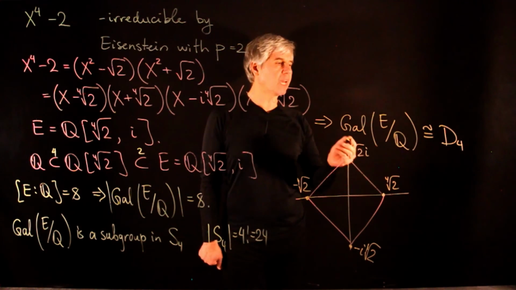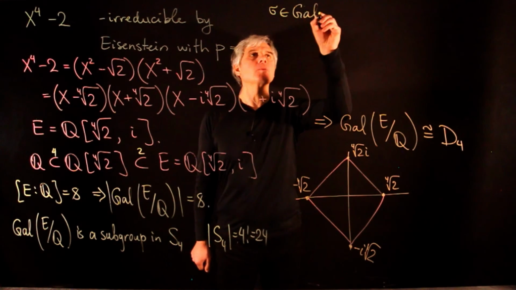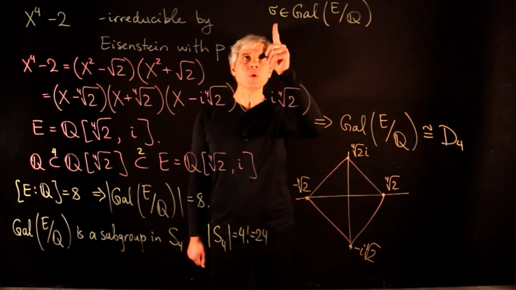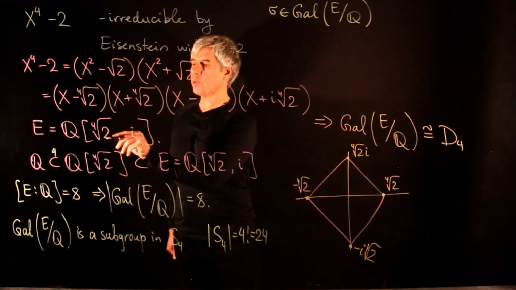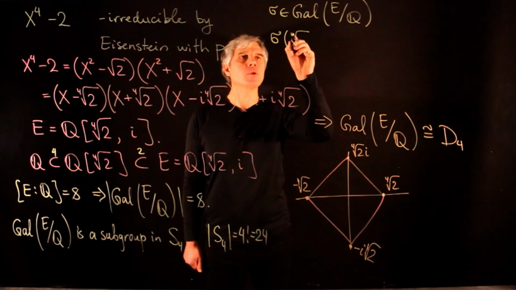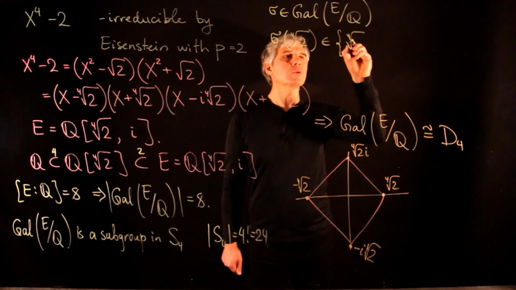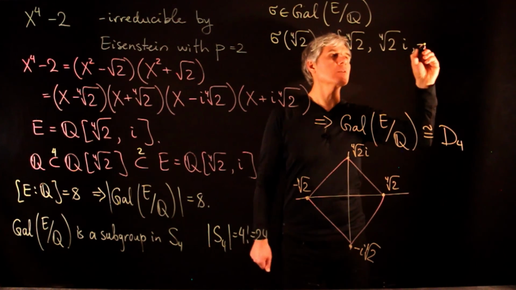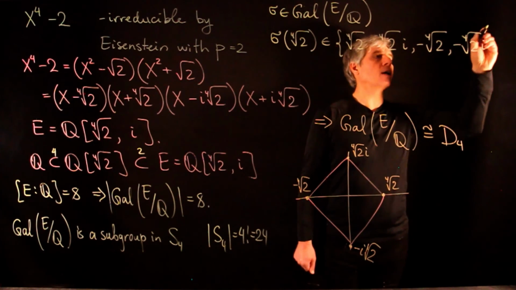How can we describe the elements of this Galois group? Suppose sigma belongs to the Galois group of E over Q. Then this automorphism sigma is determined by its action on the generators, fourth root of 2 and i. And we note that sigma transforms fourth root of 2 into one of the following 4 elements: fourth root of 2, fourth root of 2 times i, minus fourth root of 2, and minus fourth root of 2 times i.